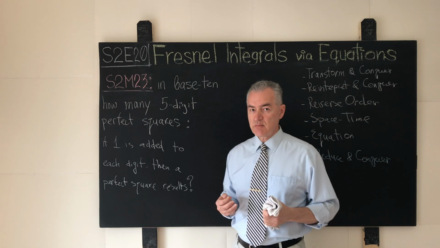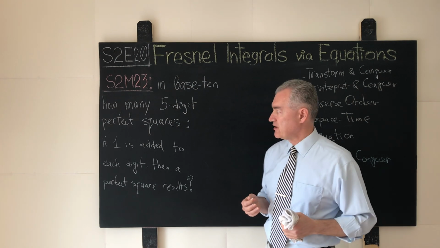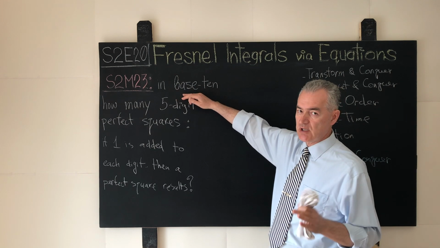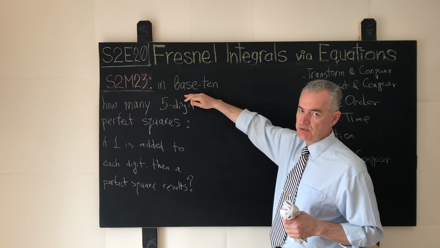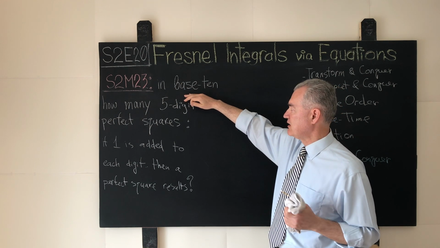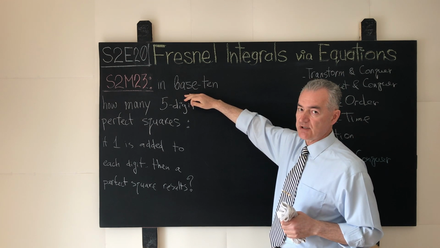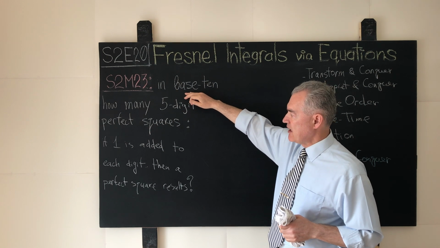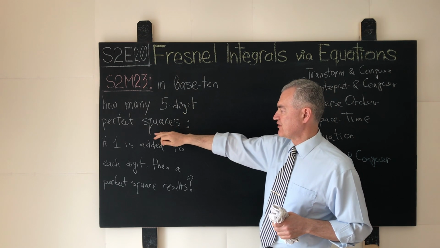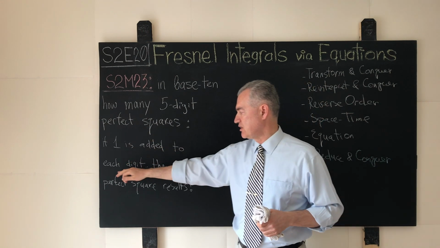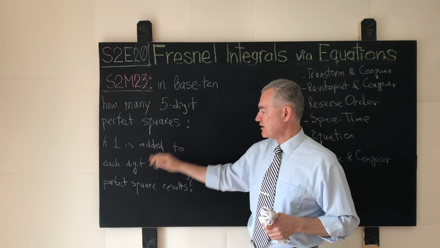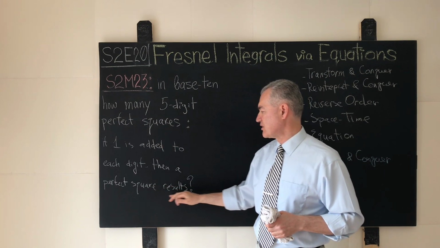But the challenge in the mathematical problem S2M23 is the following. In base 10, we will not be jumping around bases. So to be deterministic and completely clear and explicit about it, in base 10, how many 5-digit perfect squares are there such that if 1 is added to each digit of such a square, then a perfect square results?